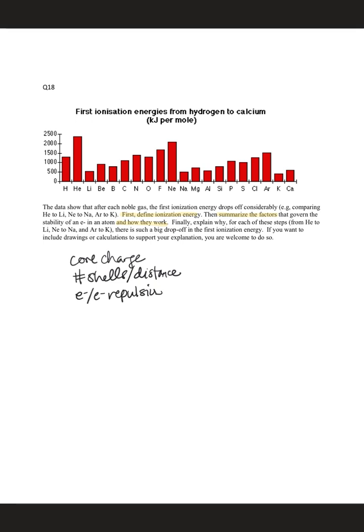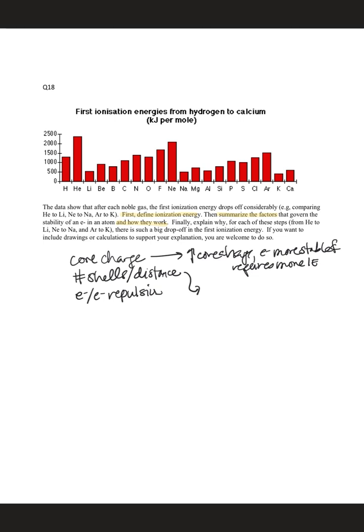Now, in how they work, I was looking for: larger core charge makes an electron more stable and requires more ionization energy to pull off.